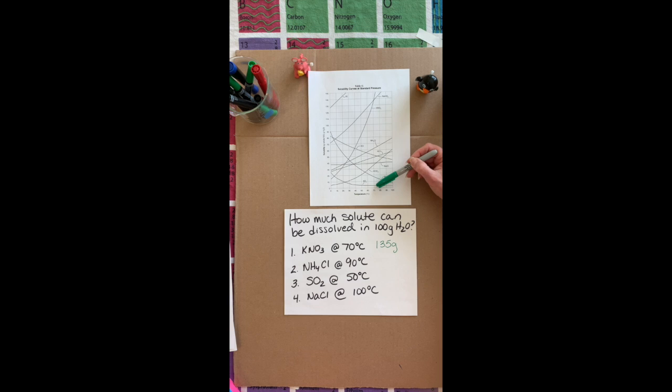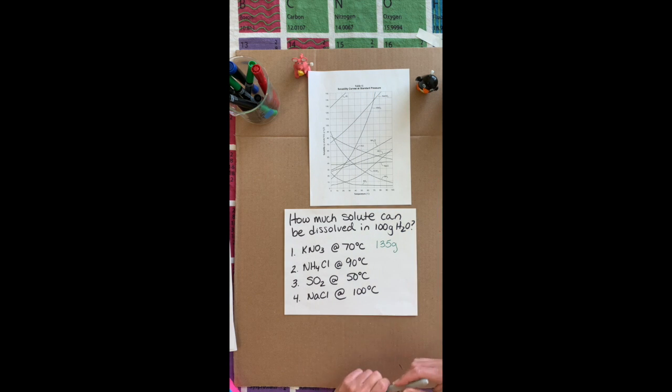If I had, at 70 degrees Celsius, 150 grams of potassium nitrate? Well, that's above the curve, and that would be a supersaturated solution.